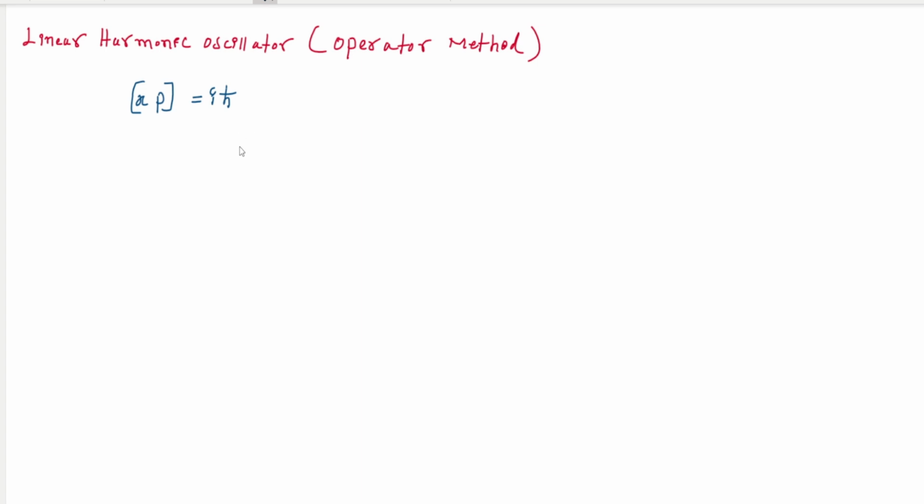The Hamiltonian of a linear harmonic oscillator is H equal to P square divided by 2m plus 1 divided by 2 m omega square x square.